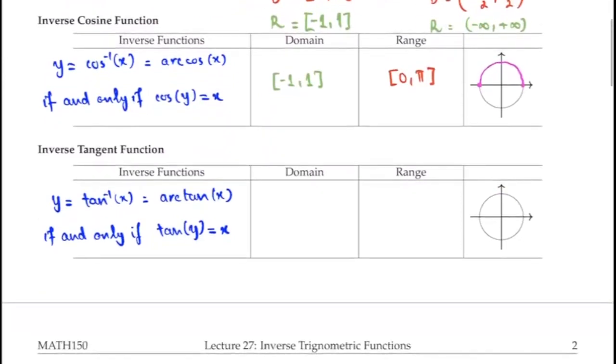Then the domain of the inverse tangent function becomes negative infinity to positive infinity. And the range of the inverse function is from negative pi over 2 to pi over 2. Now we can locate the range on the unit circle as follows. So from negative pi over 2 to pi over 2.